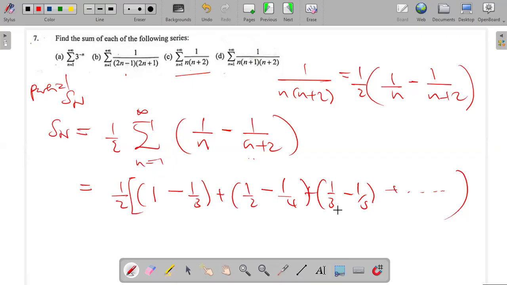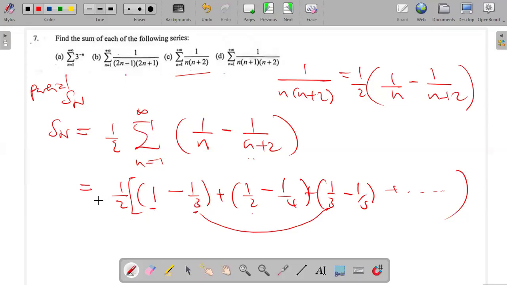When you continue with this, you see that this part will cancel with this one. You go again, you find the 1 over 4, it will cancel. So it will leave you with the first one, that's the positive 1, and the half. The middle terms cancel, of course, and with the negatives, what remains is 1 over n plus 1 and 1 over n plus 2.